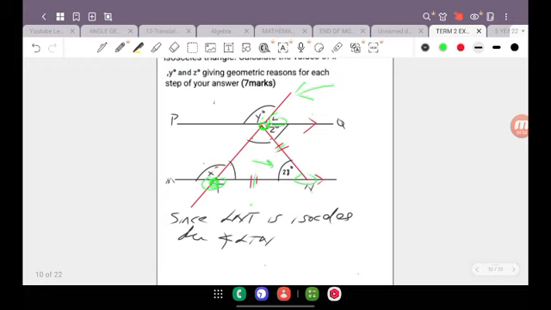So since LNT is isosceles, the angle LTN, this angle right here, is going to be equal to 180 minus 28, and then I'm going to divide the answer by 2. So 180 subtract 28 gives me 152, and if I divide that by 2, then the angle LTN is going to be 76 degrees.